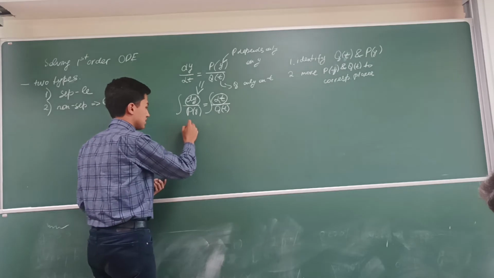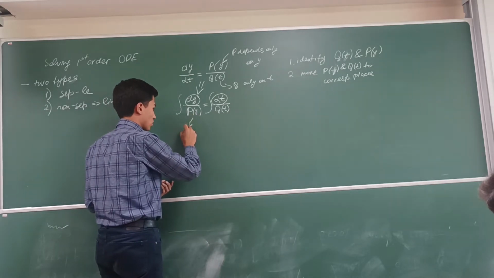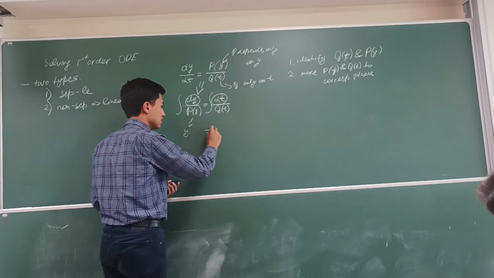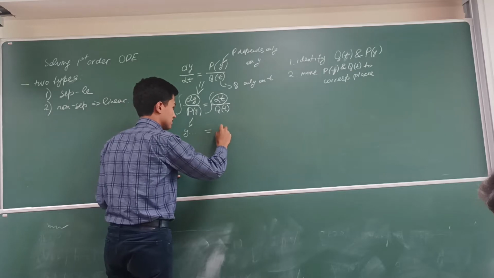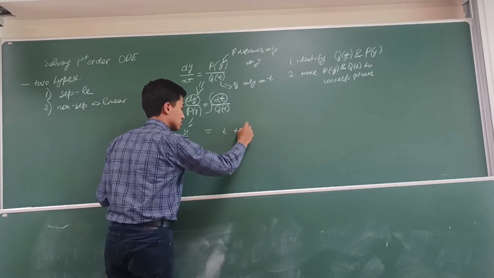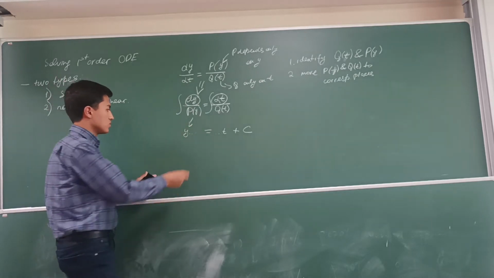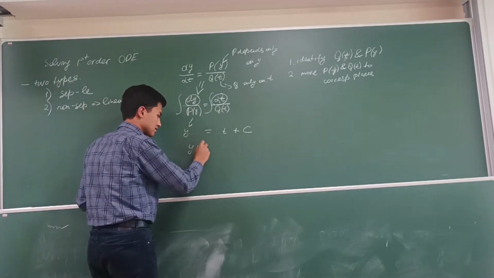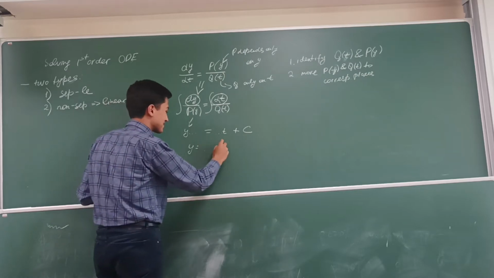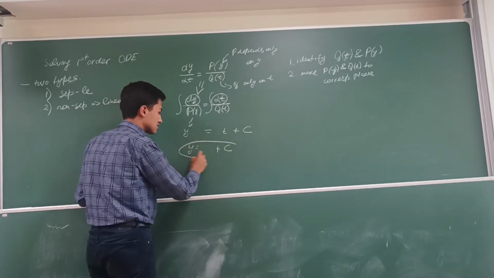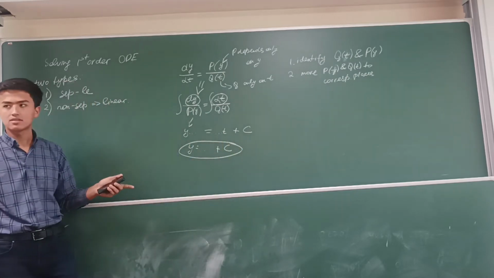For example, we get a function that depends on y here, and a function that depends on t plus a constant here, okay? But not always do you get just y. Sometimes you get y equals something plus c. This is called an explicit solution.